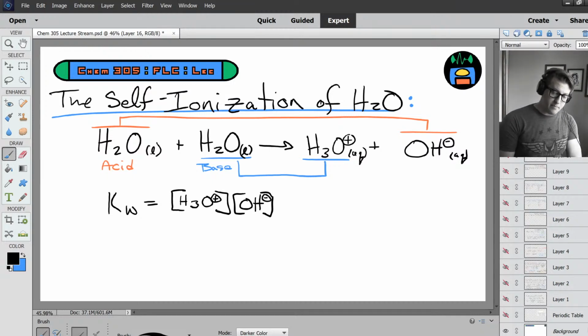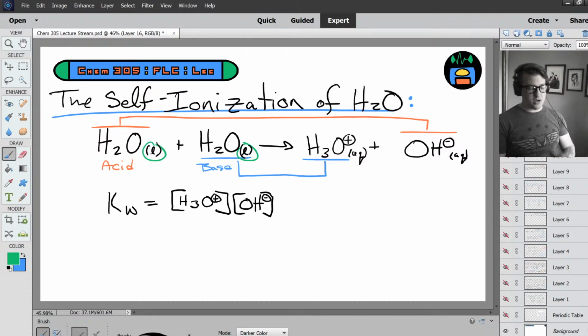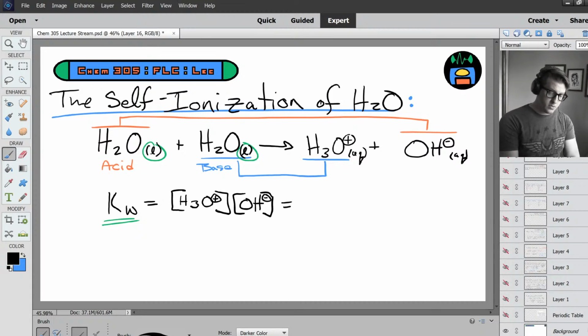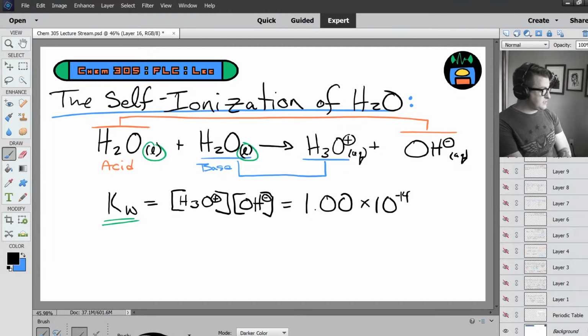You'll notice that both reactants here are in the liquid phase, so they are not included in the equilibrium constant. So Kw is just equal to H3O plus times OH minus, and the value for the water ionization constant is 1.00 times 10 to the negative 14. All right, that is the value for this equilibrium constant.